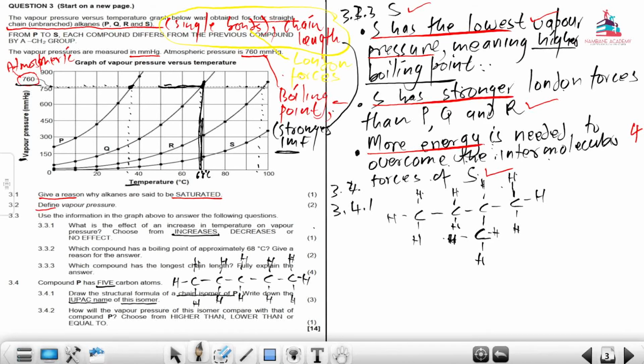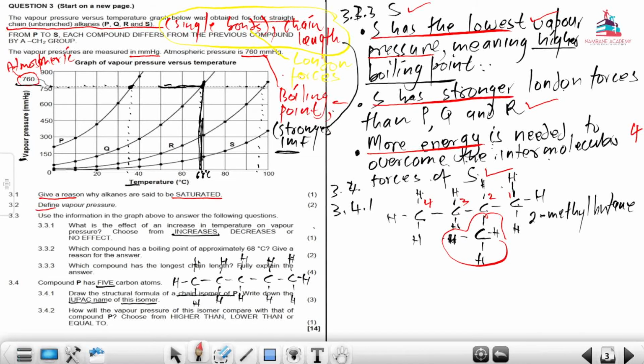What will be the name of this compound? Carbons 1, 2, 3, 4, so my parent name will be butane. I will have 2-methylbutane. This here is my branch, and this is my carbon 1, 2, 3, and 4.